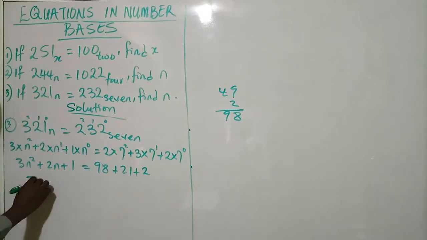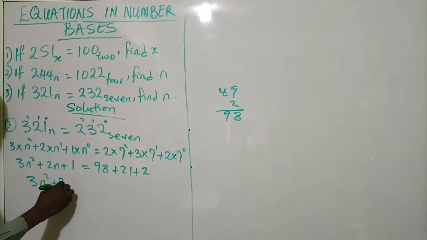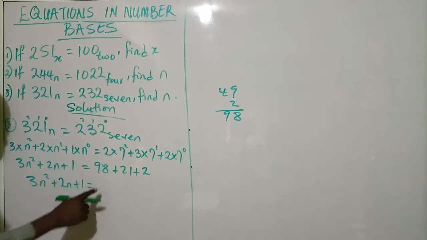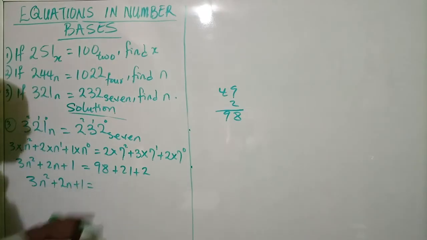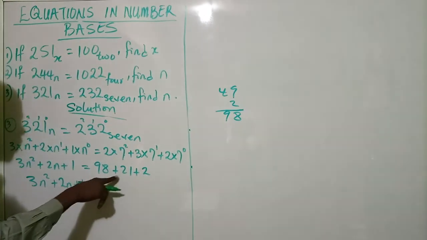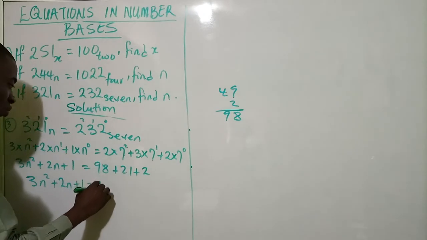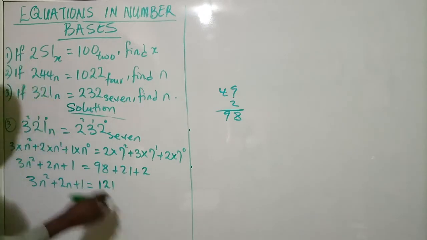So this is 3n squared plus 2n plus 1 equals to 98 plus 2, which is 100. 100 plus 21 is 121. So you collect like terms.